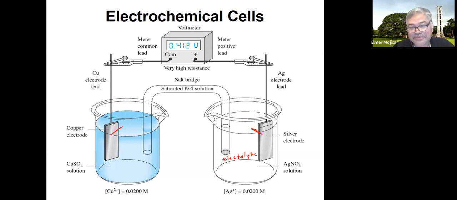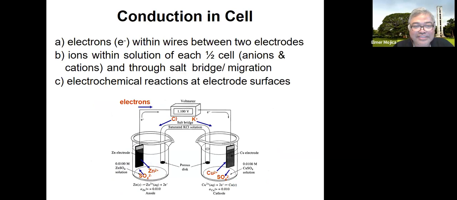So you have the electrons within wires. Okay. So it is necessary that the electrodes be connected externally with a metal conductor. Okay. So this allows the electrons to travel. So you have what we call some wires here.